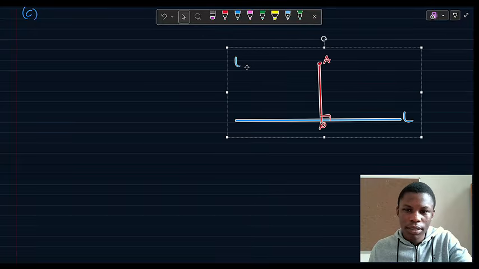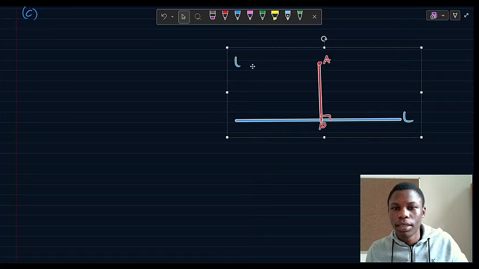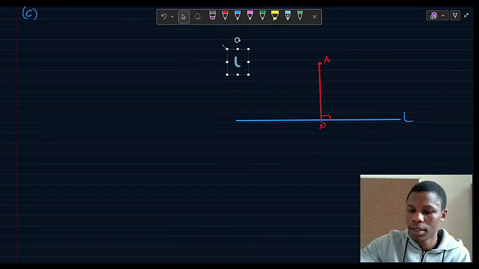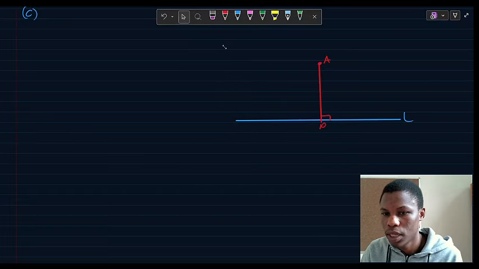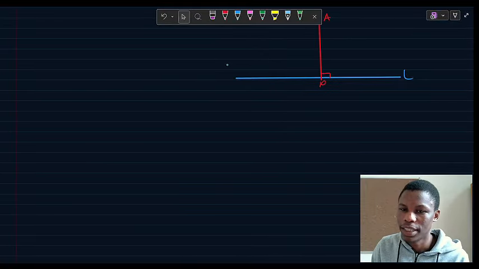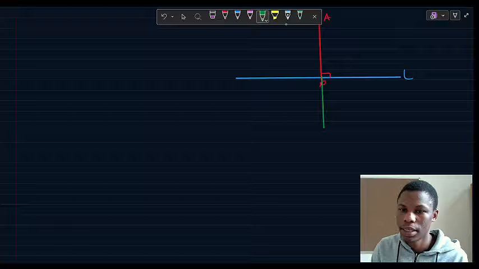So here is our diagram. And we are told that there is a point D, which is a reflection of A in the line L. Okay, so that means D would be somewhere here.